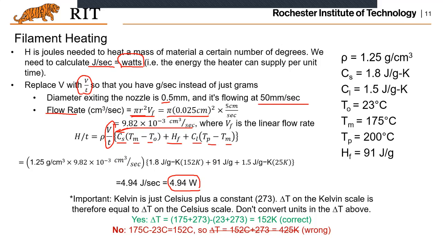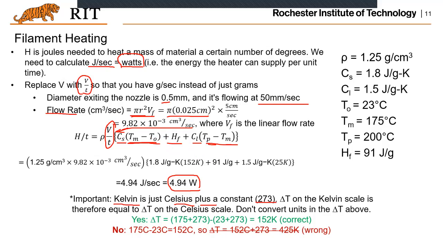Another tip is for the temperature. See this T_M minus T_0 and T_P minus T_M. Because the temperature in Kelvin is just Celsius plus a constant 273, for this subtraction there's no difference if you use Kelvin or Celsius.